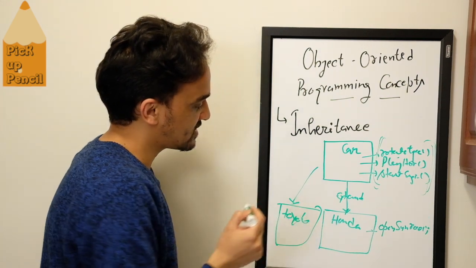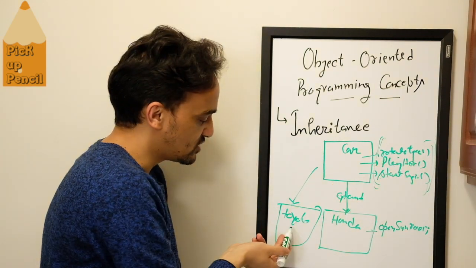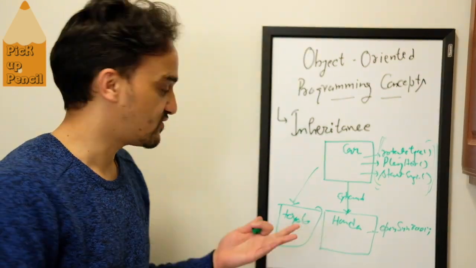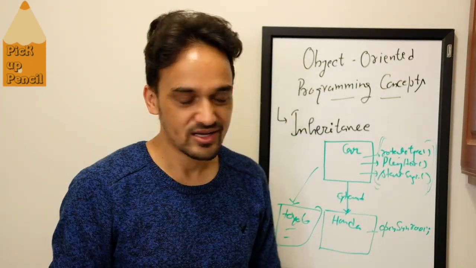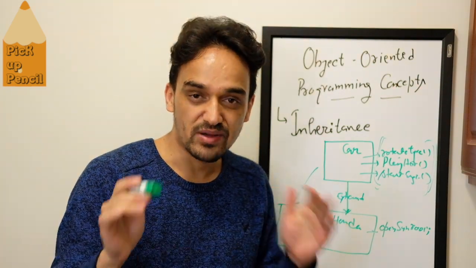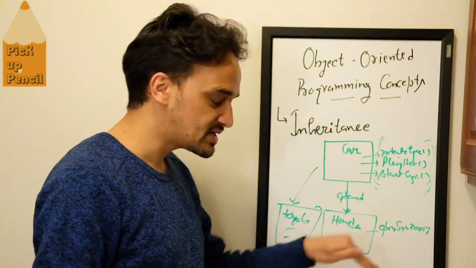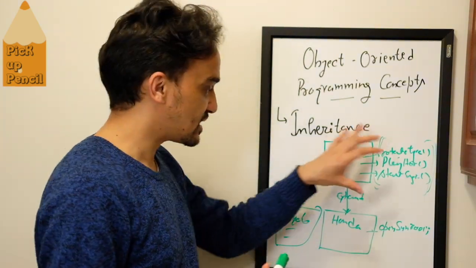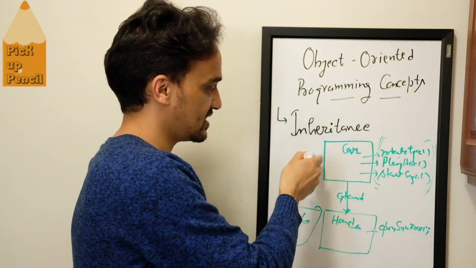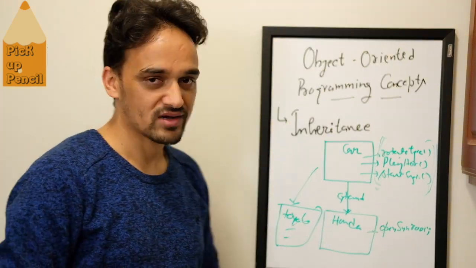Again, Toyota can extend from the car class, and all these properties and methods will be directly available here. And then again, Toyota can have its own specific functions as well. So in this way we achieve big reusability of the code. Instead of repeating the code again and again, if something is common, the class can inherit from the parent class, and that is how inheritance works in Java.